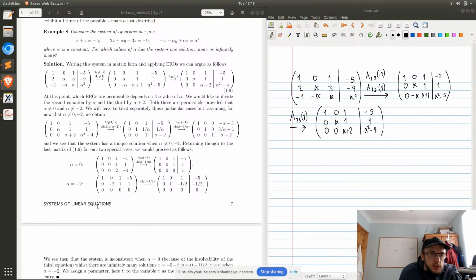Okay, difference of 2 squares here. And then, now that they have ones on the main diagonal and zeros on the, what can we call it?